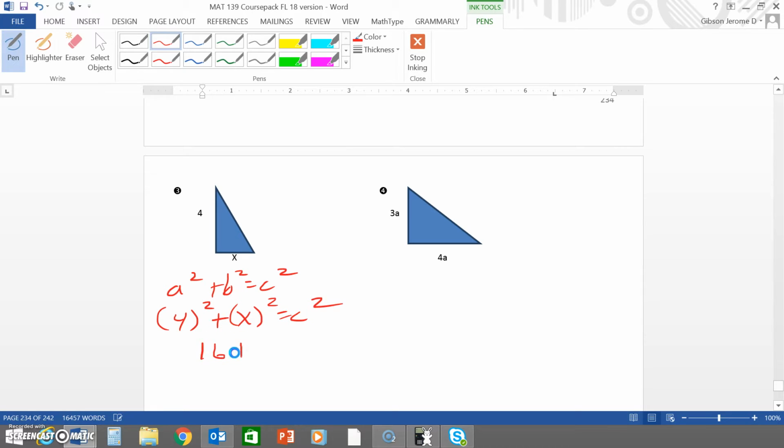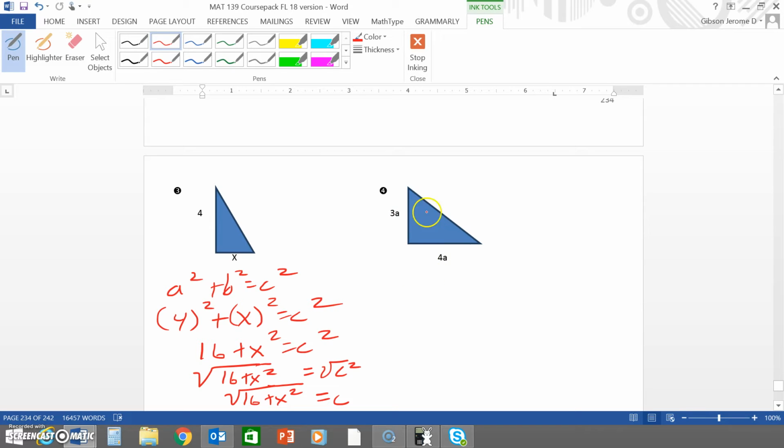So this would be 16 plus x squared is equal to c squared. Now if we take the square root of both sides, that would give us the square root of 16 plus x squared is equal to c, because there's nothing we could do with that. So we're done with that problem.